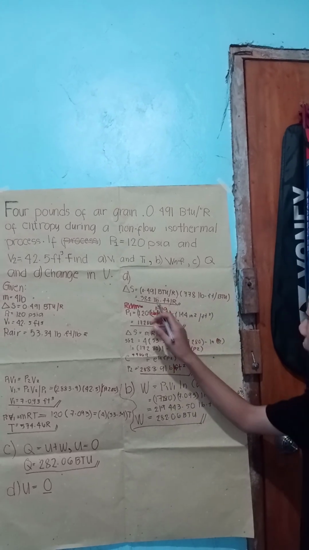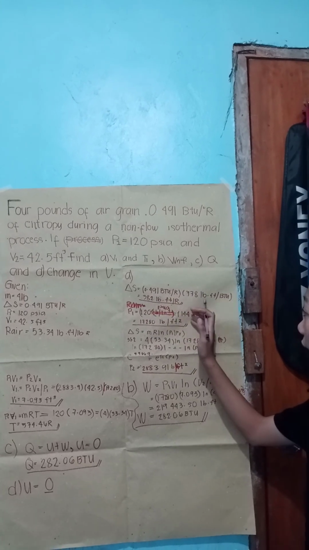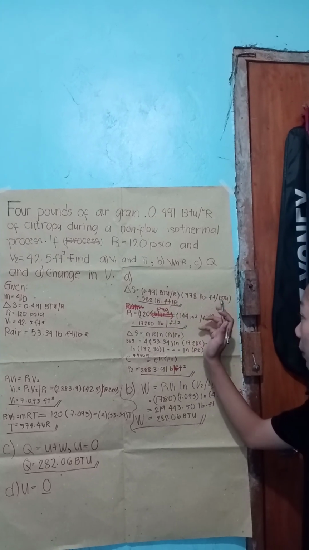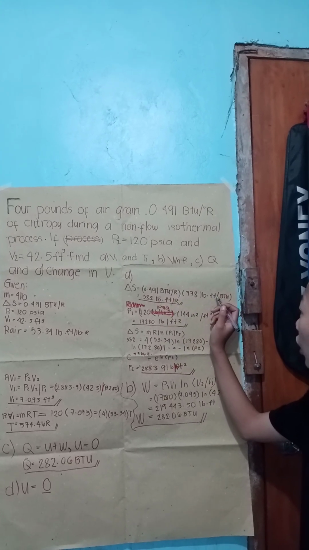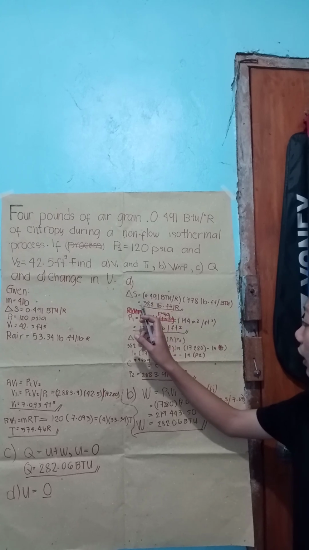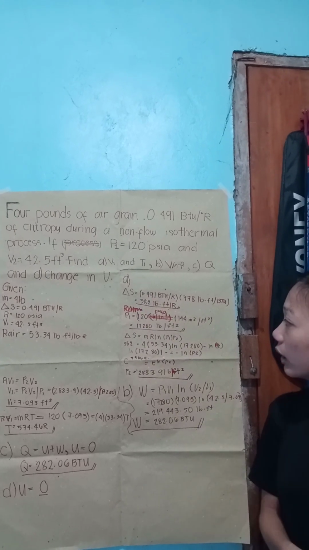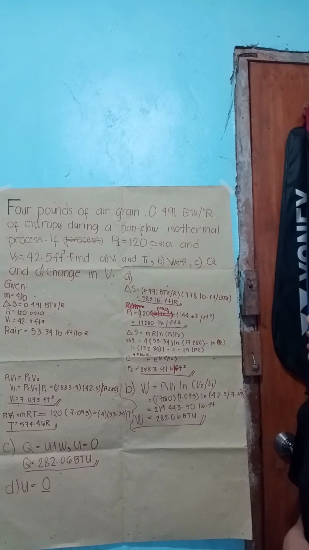So we multiply the 0.491 by 778 pounds feet per BTU. So we cancel this one, in order to get this unit. And we end up with 382 pounds feet per gas constant.